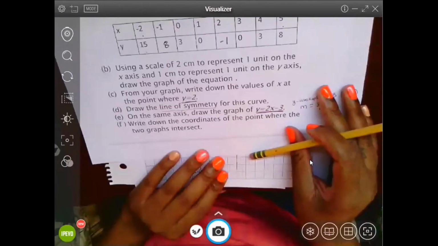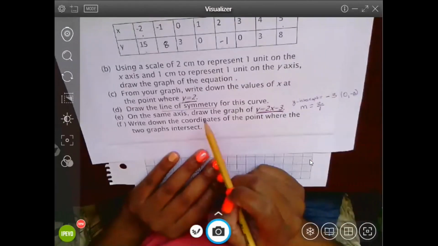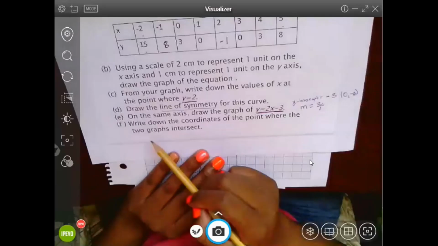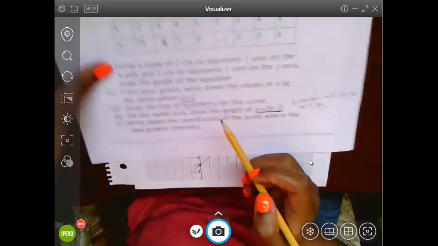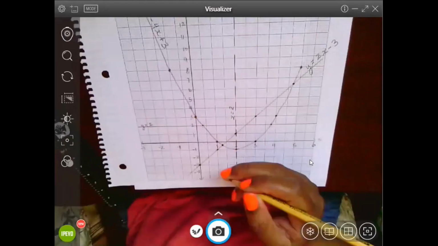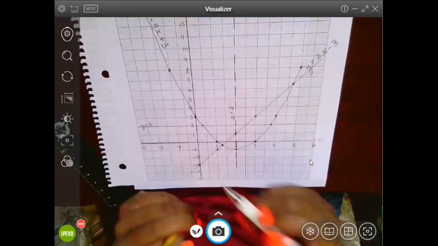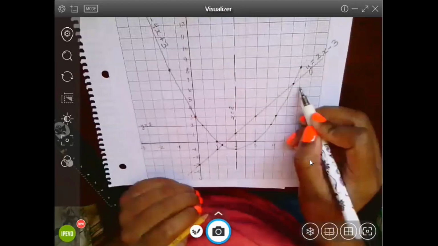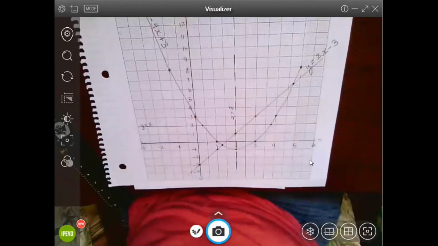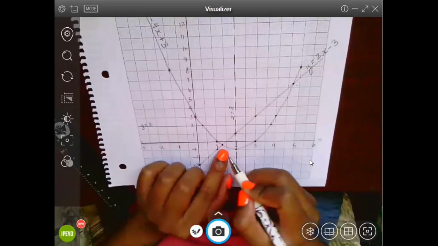Okay, question F says, write down the coordinates of the point where the two graphs intersect. And I've already identified the two places where they intersected. That's here and here. And this is going to be an estimation because it doesn't fall squarely on any specific point, and so I'm estimating.